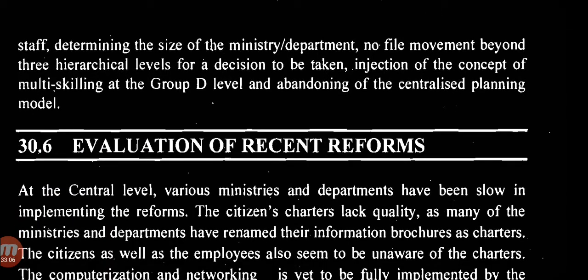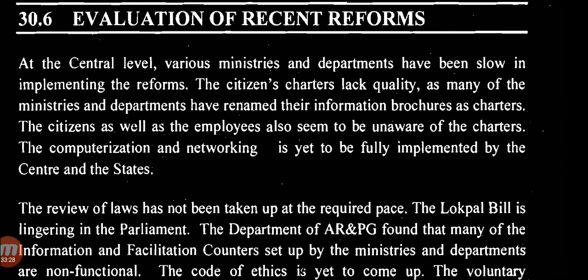Some of the important recommendations pertain to the downsizing of staff, determining the size of ministry department, no file movement beyond 3 hierarchical levels for a decision to be taken, injection of the concept of multi-skilling at the group D level, and abandoning of the centralized planning model.